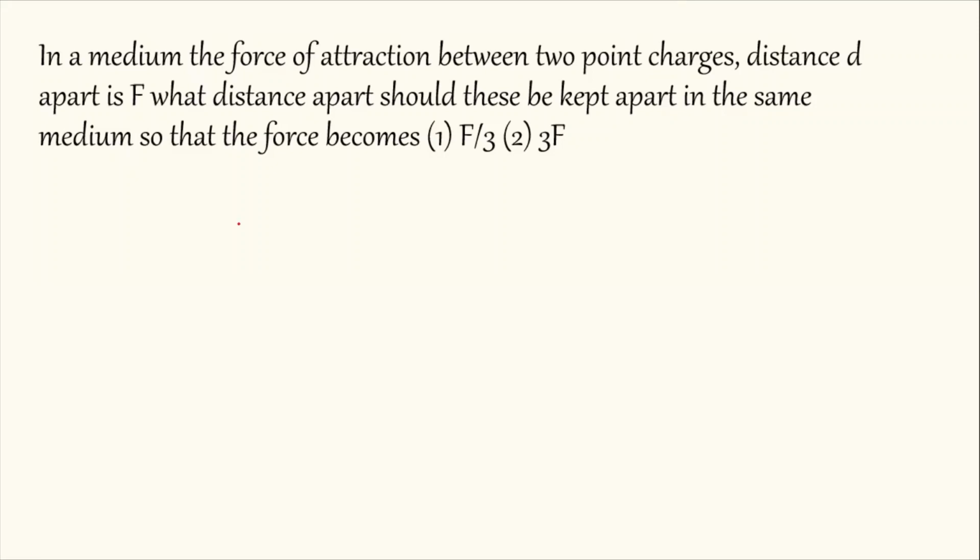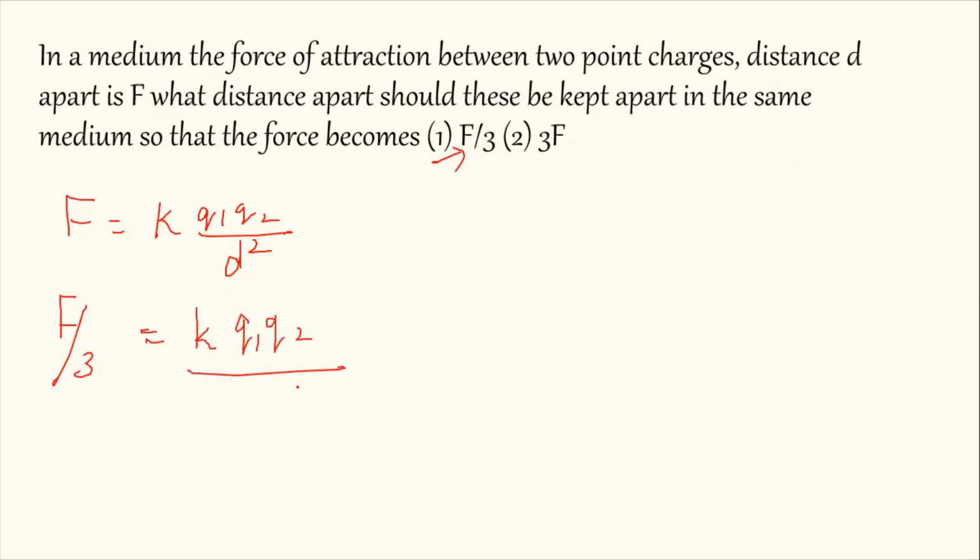So, the force of attraction at a distance d is F. So, F is equal to, we shall write the equation first, K Q1 Q2 by d square because the distance is given as d. Okay. So, now you should acquire a force of F by 3. So, the next equation should be F by 3. You have to calculate the distance, right? So, you can take the new distance as d dash square.